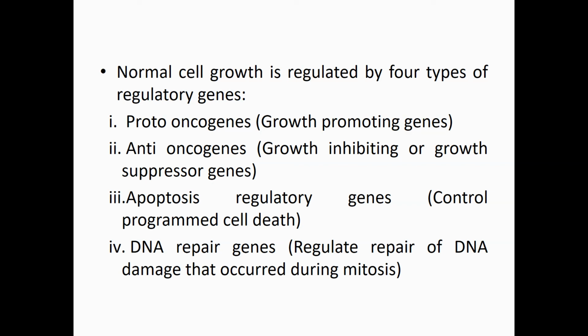Certain groups of genes present in our nucleus are known collectively as DNA repair genes. They identify the defect in a particular gene and produce certain proteins that help to recognize and repair that defect.